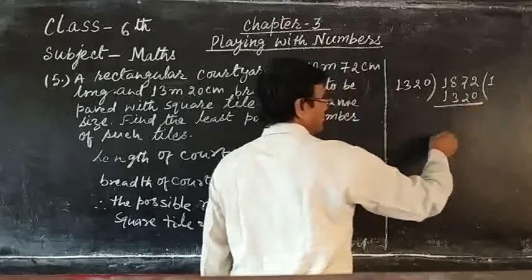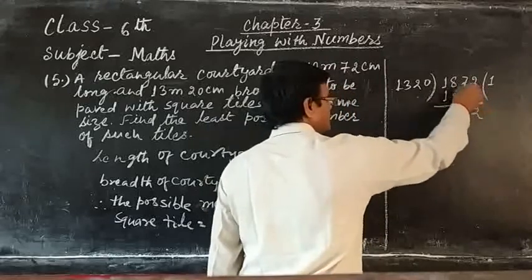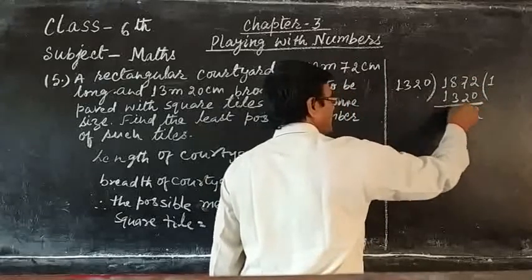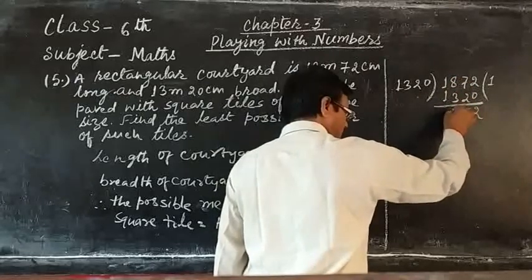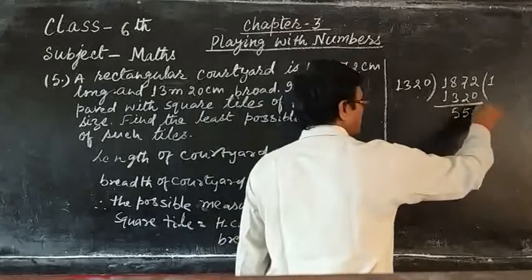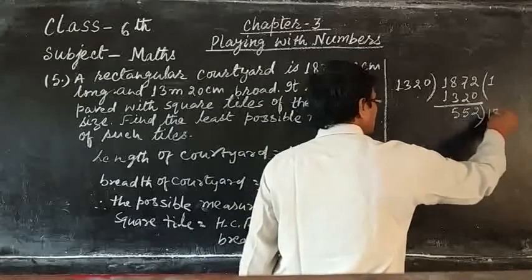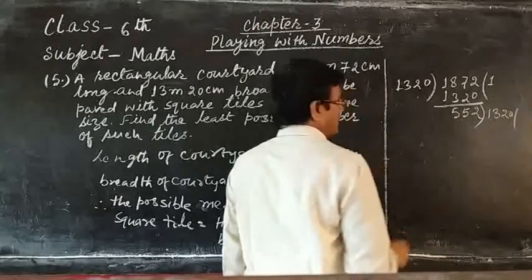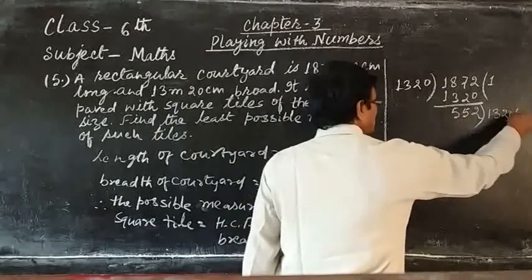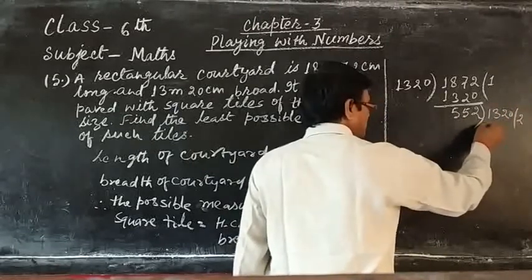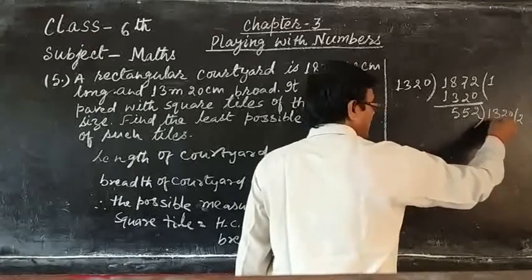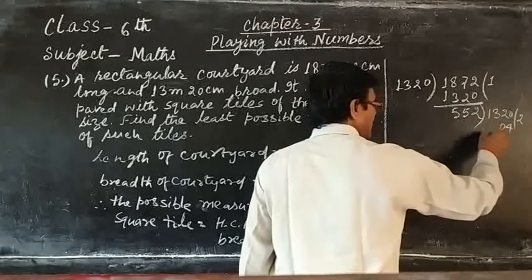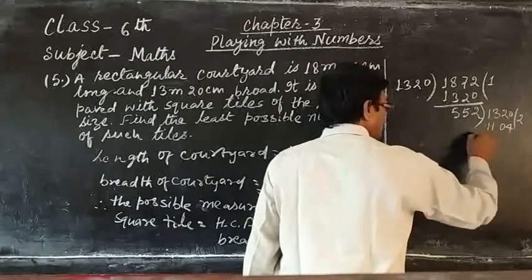Remainder: 2 minus 0, 2, 7 minus 2, 5, and here 8 minus 3, 5. 552 divides 1320. Now, in 2 times, 2 2s are 4 and 2 5s are 10, carry 1, 11.